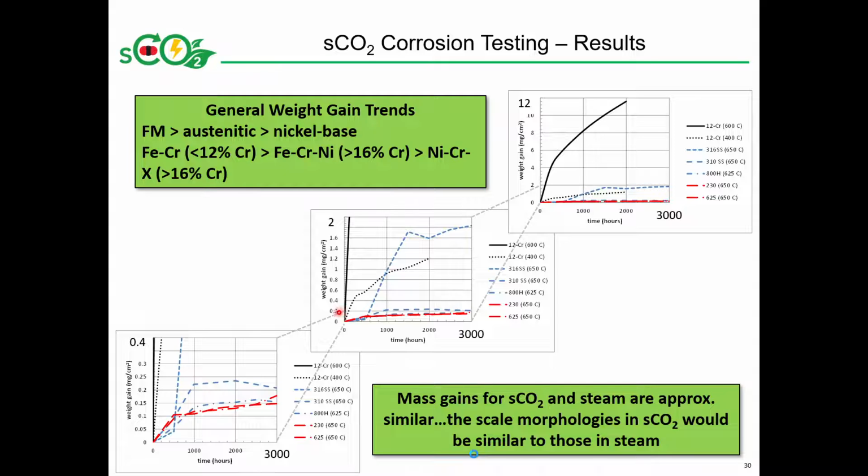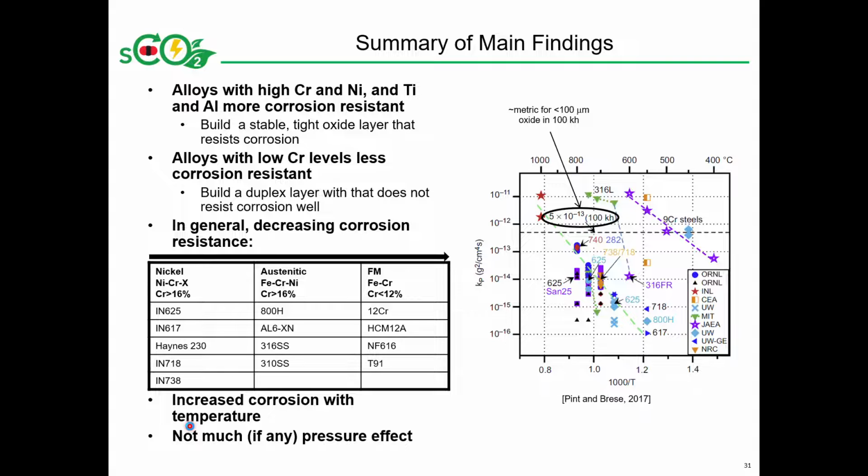If we blow that up, now our scale goes from 0 to 0.4 or thereabouts. And we can see, for example, the 310 stainless steel here, 800H, and then 230 and 625 at those relatively high temperatures. Just to give you a sense of what's going on there.